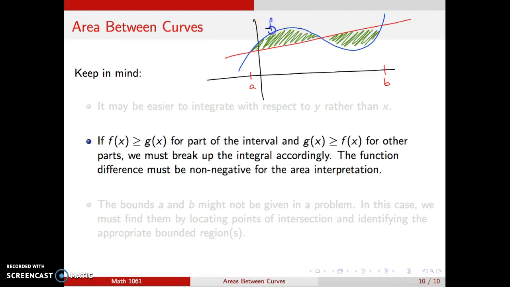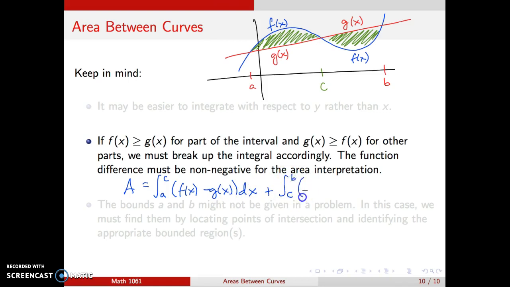Here f of x is greater, and in the second part, g of x is greater. So you need to find that breaking point, and then the area is the integral from a to c of f of x minus g of x, because f is the bigger function, plus the integral from c to b of g of x minus f of x, because over that interval g is the bigger function.